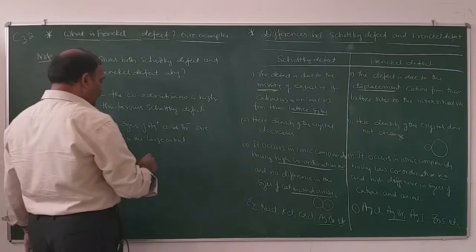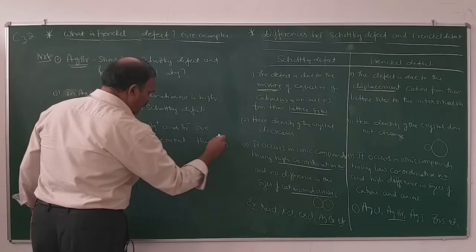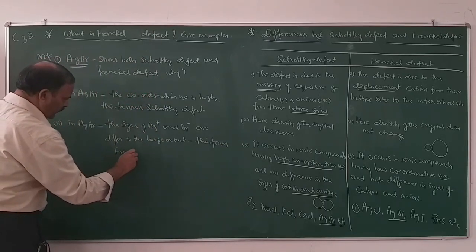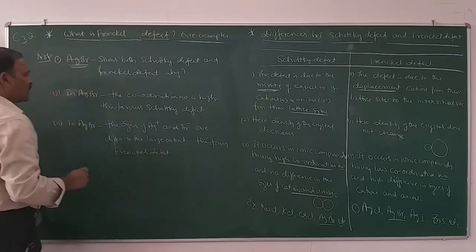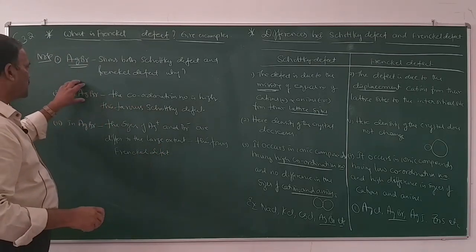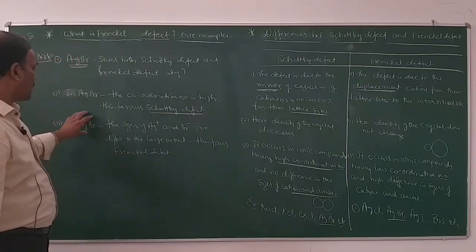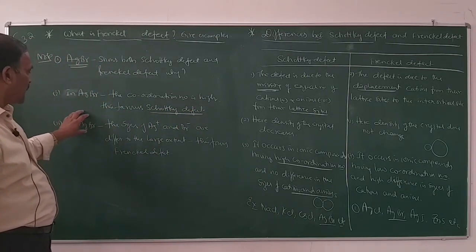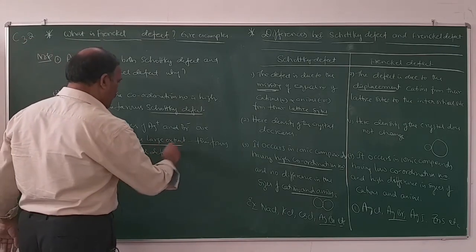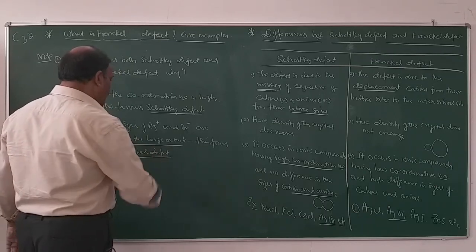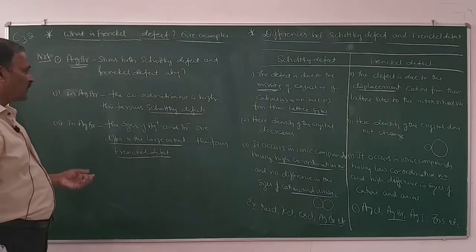Therefore, this favors Frenkel defect. So since the coordination number is high in AgBr, it is included in Schottky defect. Since the sizes of Ag plus and Br minus differ to a large extent, it favors Frenkel defect. Therefore, it is included in Frenkel defect also.